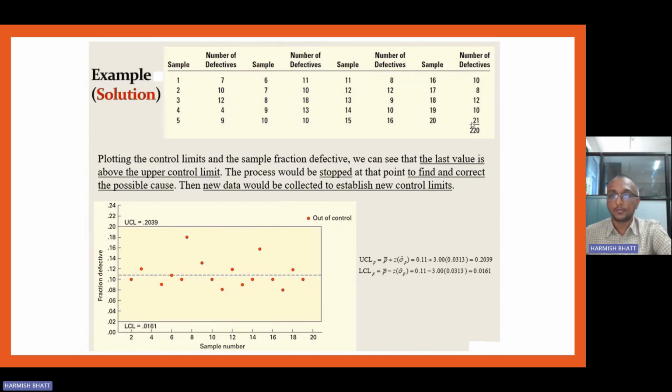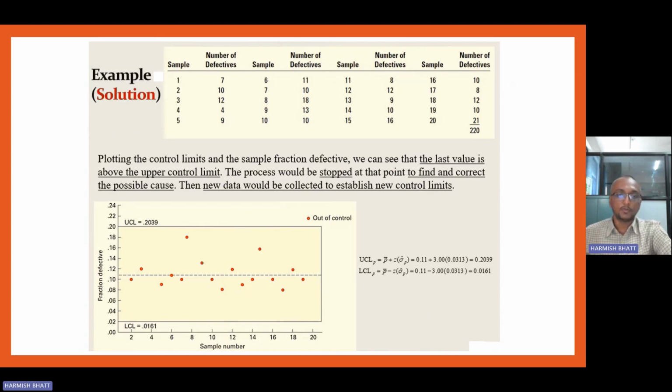Dividing 21 by 100, small n, gives 0.21. The upper limit is 0.2039, while the value for sample 20 is more than the UCL. It means that it is crossing the UCL line, so for sample 20 the data point is above the UCL.